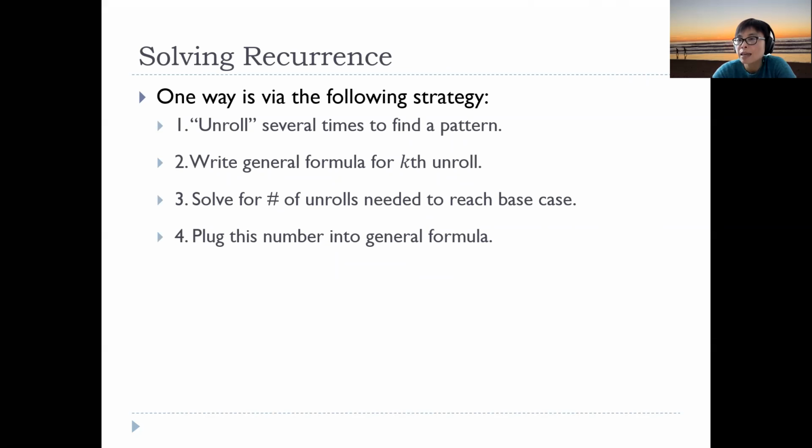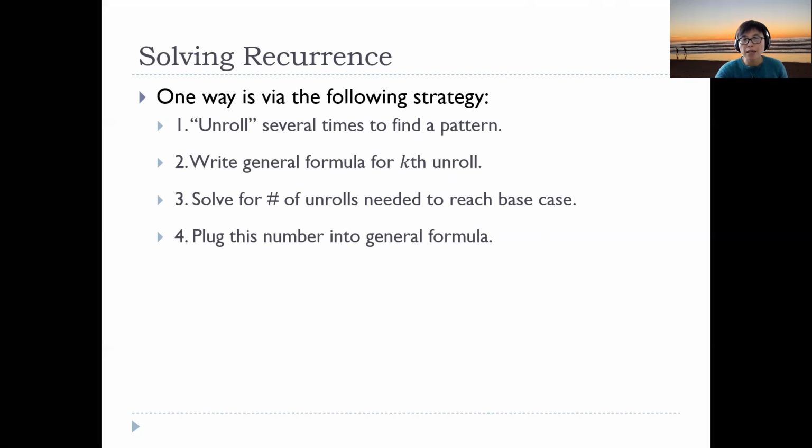After you get a pattern, you write a general formula for the unrolled case and figure out when the unrolling terminates, when you can stop. Then you figure out the number of iterations needed to reach the base case, and plug that number into the general formula to get the total time complexity of T of n.